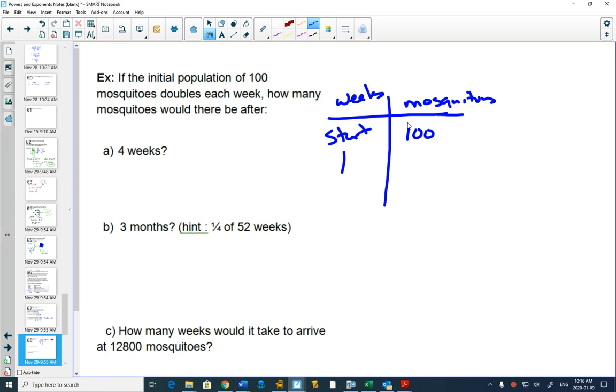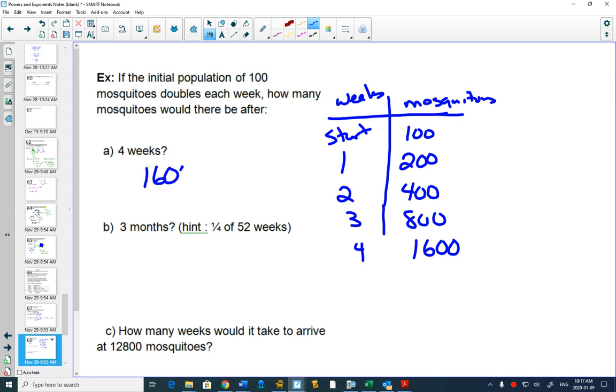They double every week. After 1 week, you would have 200. After 2 weeks, you would have 400, because it doubled again. After 3 weeks, 800. And after 4 weeks, 1,600. So I made a chart to do 1,600.